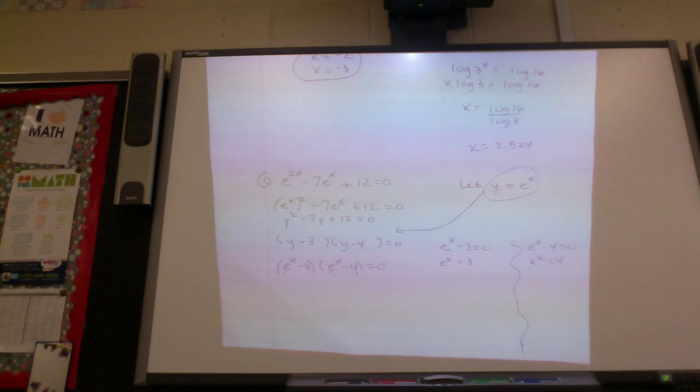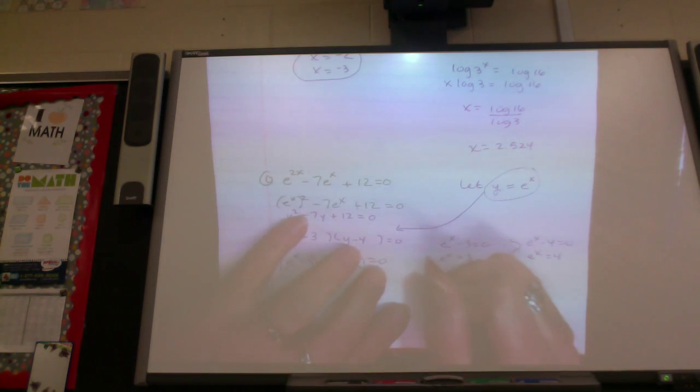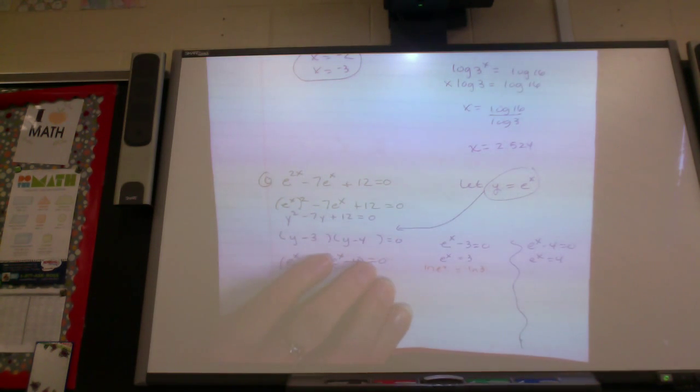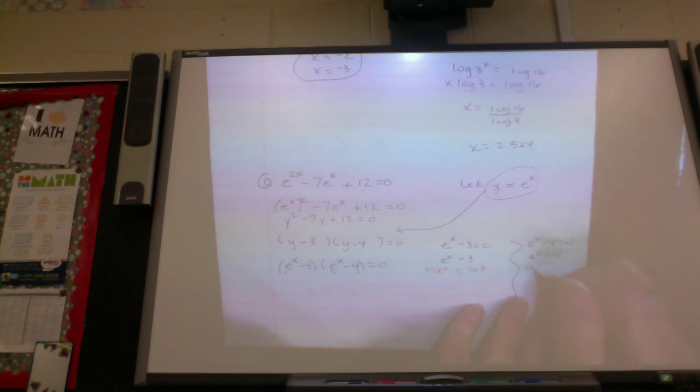So I have e to the x equals 3 and e to the x equals 4. I need to know what x equals. So what do we do? Natural log both sides, so ln of e to the x equals ln of 3. Here, ln of e to the x equals ln of 4.